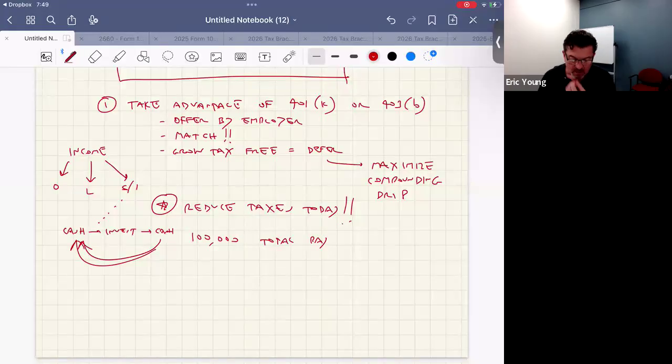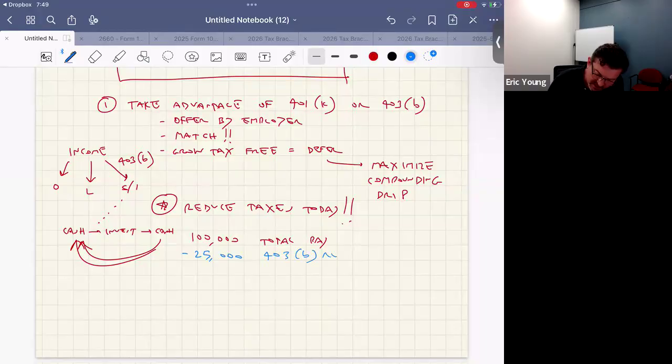Okay, really good stuff. But notice a little subtlety here. The money that I contribute, so part of my savings and investment is my 403b. I don't pay taxes on it today. I don't pay tax on it until years in the future when I pull the money out when I'm retired. Here's how it works. Suppose that LMU pays me $100,000 total, but suppose that I put 25,000 into my 403B retirement plan.